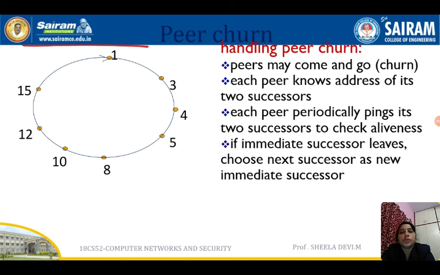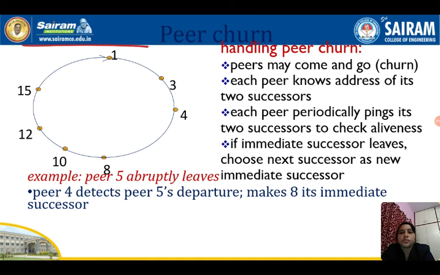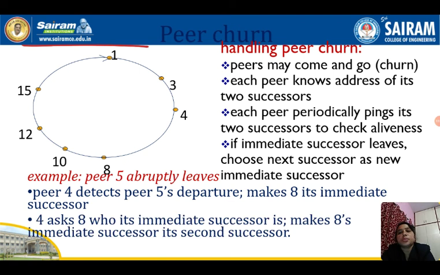For example, if 4 leaves, then 5 will be the immediate successor of 3, and the next successor would be 8. So it requires the addresses of both 5 and 8. It will ask the pair, get the address and save it. Similarly, if any new pair enters, it should register, and the immediate predecessor and successor of the newly entered pair will be notified that it has entered.